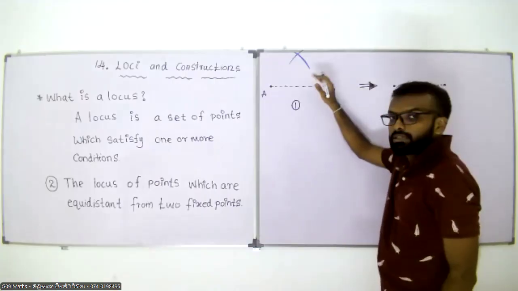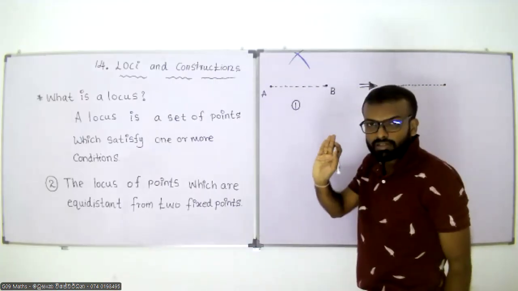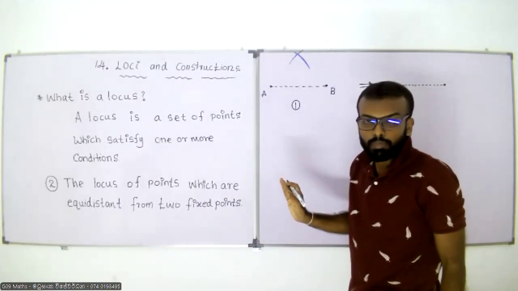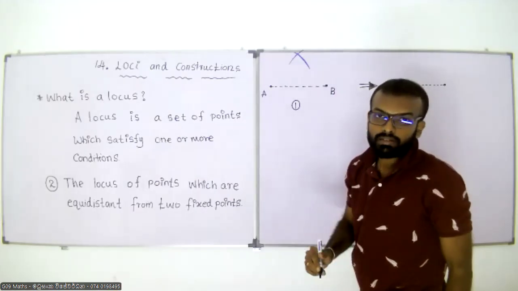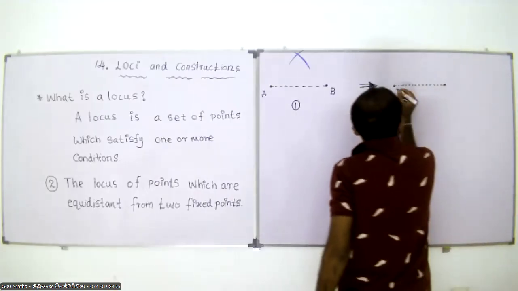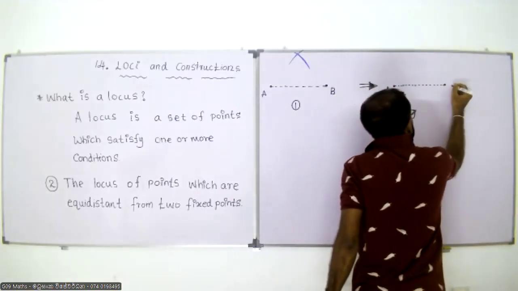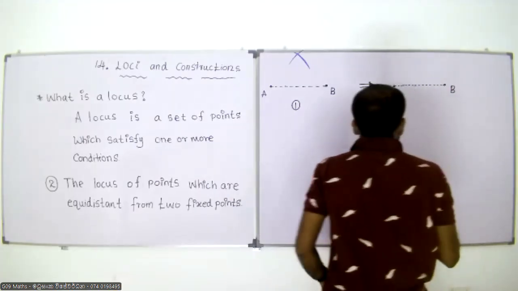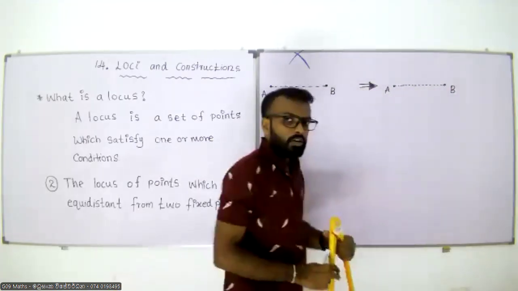I can do the same construction by using the same figure, that's not a matter, but you need to practice. That's why I am splitting it into steps. So this is called A, this is called B. So what did I tell you in the first step?